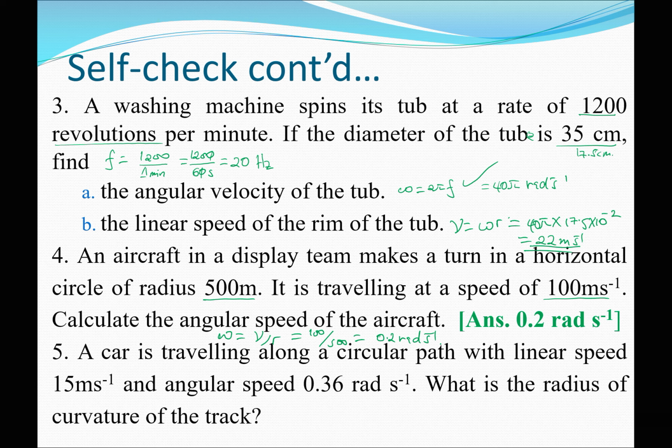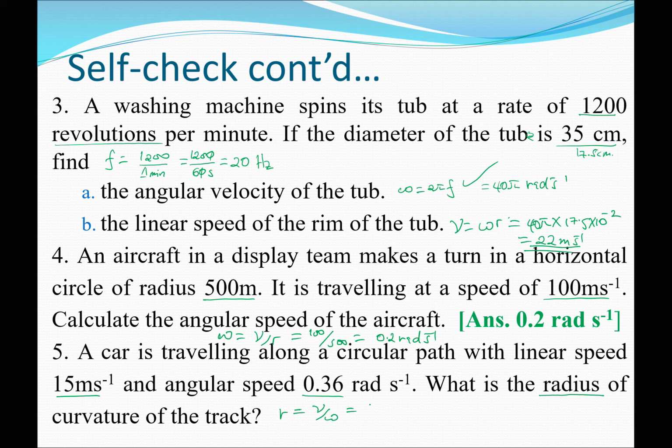And lastly, a car is traveling along a circular path with a linear speed of 15 meters per second and angular speed of 0.36 radians per second. What is the radius? Making the radius the subject, the radius is going to be equal to v divided by omega.